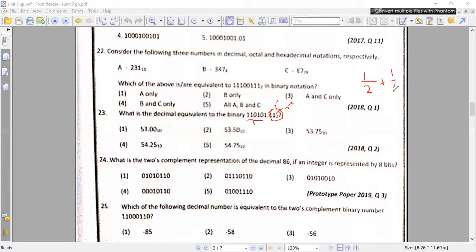You can write it in another way: 4, here you get 3. So 3 divided by 4, you are getting 0.75. Now from here you are getting 53. So your answer is the third one.